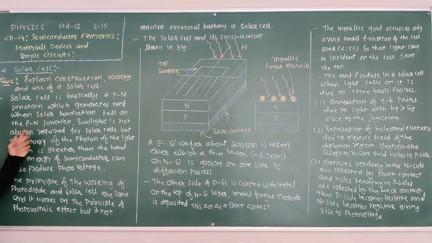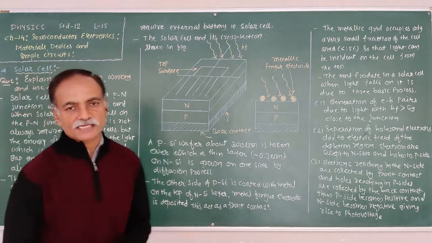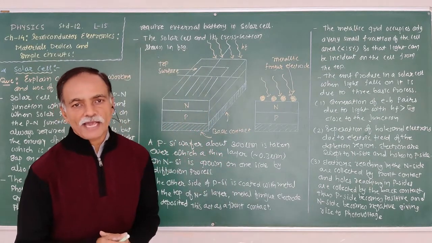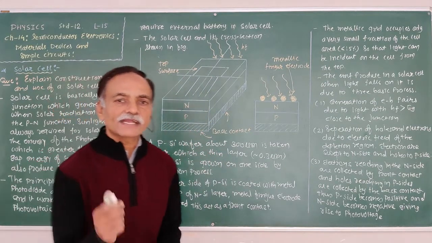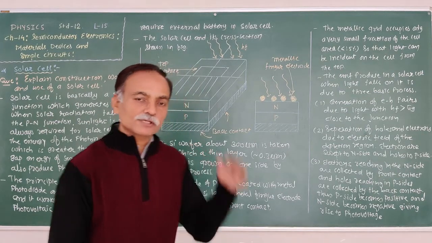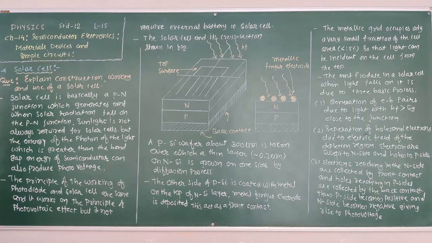Sunlight is not always required for the solar cell, but the energy of the photon of the light, which is greater than the band gap energy of a semiconductor, also produces the photovoltaic effect. Whatever light is incident on a solar cell should have energy greater than the band gap energy of the semiconductor used.